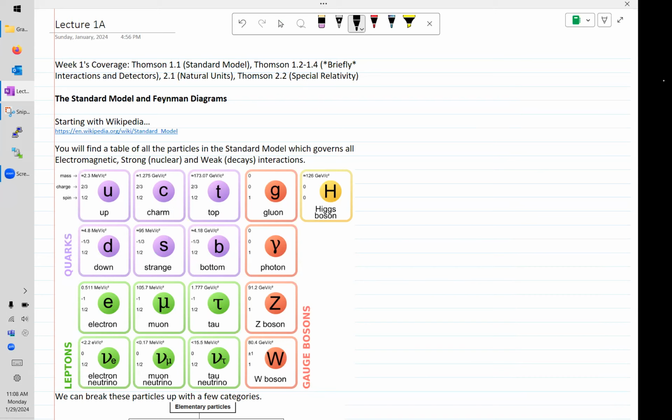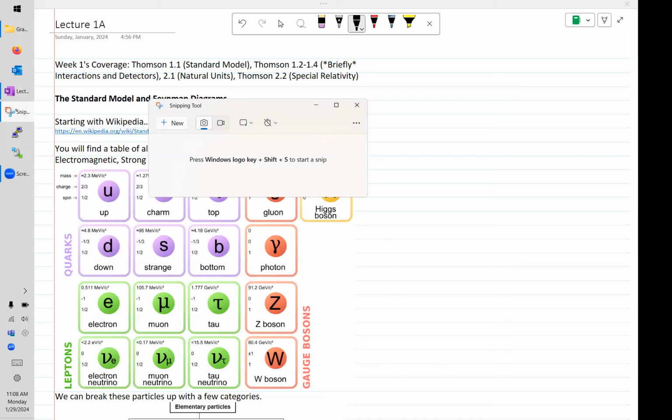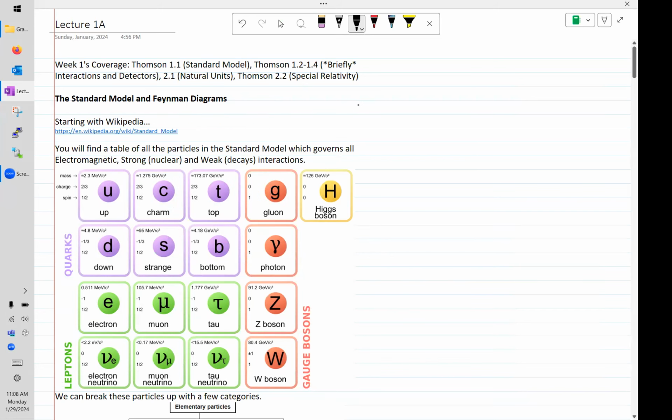So the first section is on the standard model, and the standard model covers, as I tried to hint last week, 3 out of the 4 fundamental forces that we know about. That's electricity and magnetism, which are combined together.